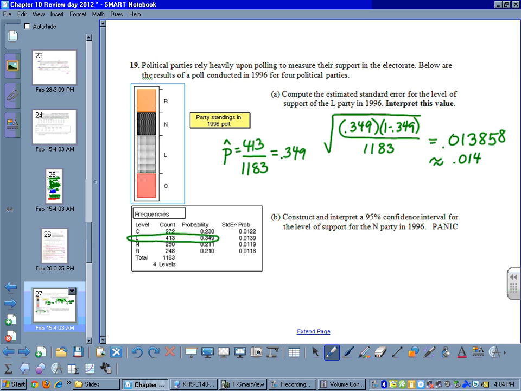Now we're supposed to interpret what that means. Well, what is a standard error or a standard deviation? It's the standard amount that something deviates from a statistic of interest. Our interest is the party support.